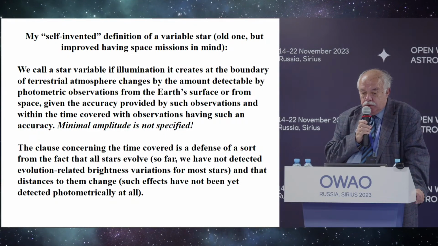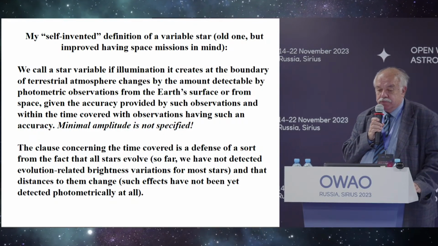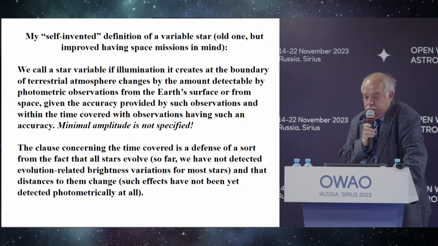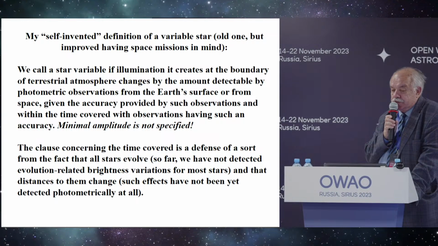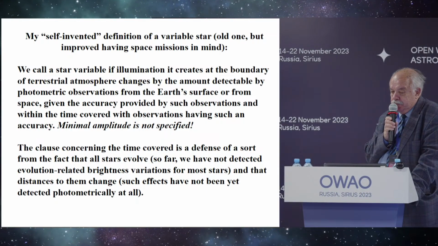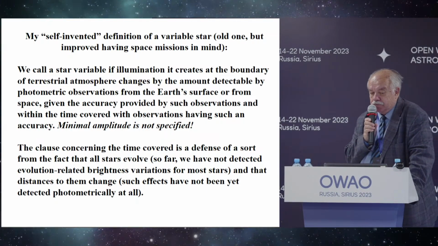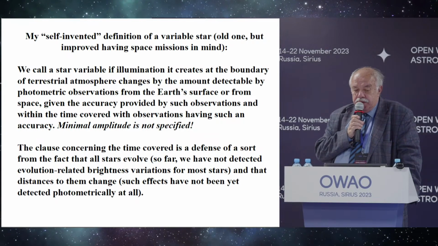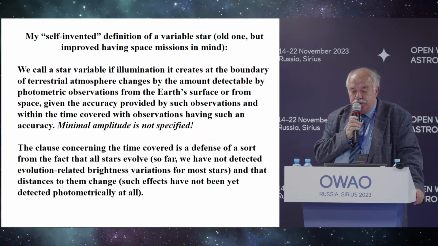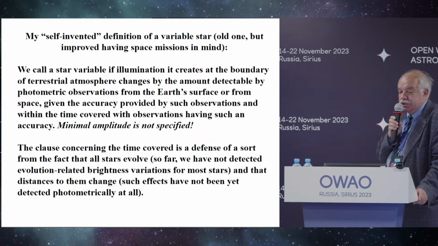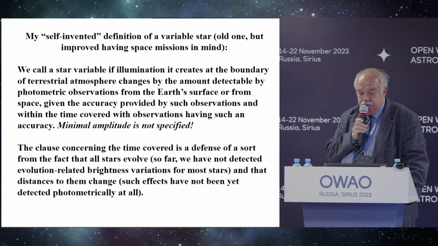Now, illumination created at the boundary of terrestrial atmosphere changes by the amount detectable by photometric observations from the Earth's surface, or, this was added later, from space, given the accuracy provided by such observations, and within the time covered with observations having such an accuracy.